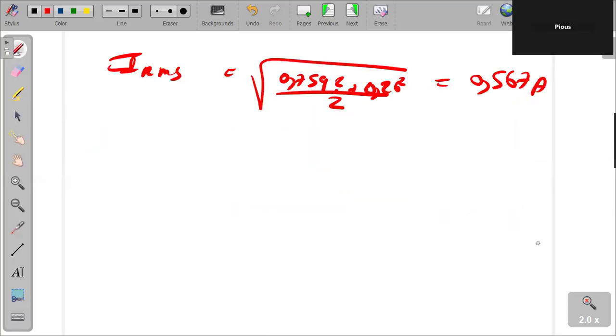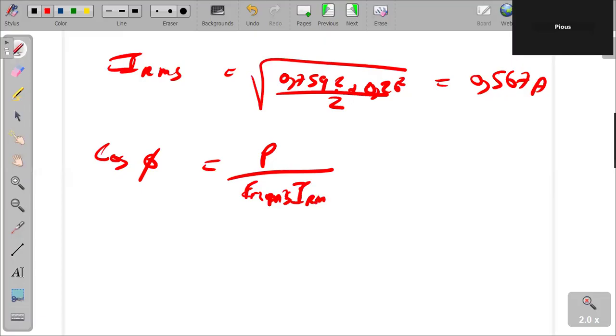So it means cos phi, the phase angle, is equal to P, the true power, over ERMS times IRMS. What are we doing? Cos phi, the power factor, is equal to true power over apparent power. So to calculate apparent power S, it's equal to ERMS times IRMS.